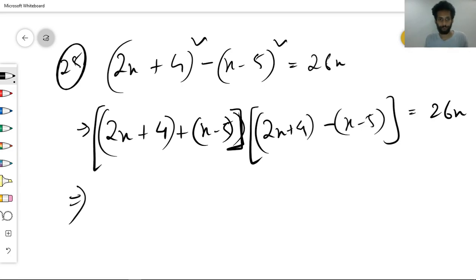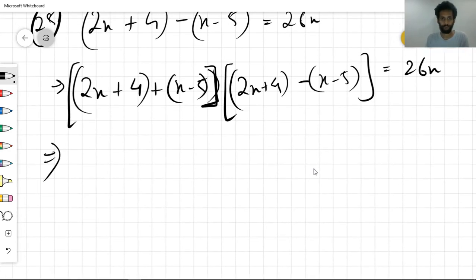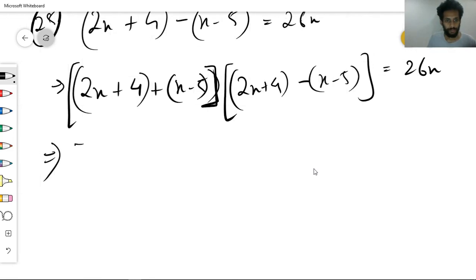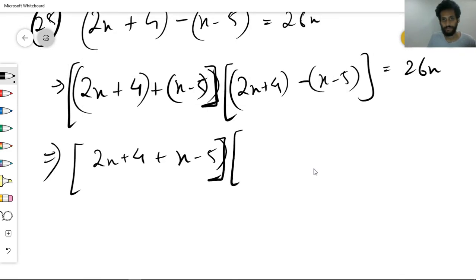After that, twice x plus 4 plus x minus 5, twice x plus 4 minus x plus 5 will be 26x.